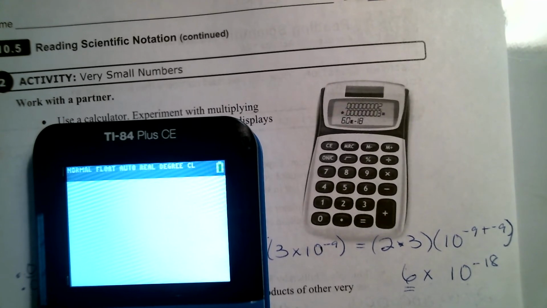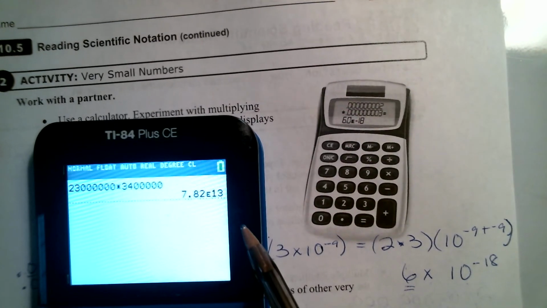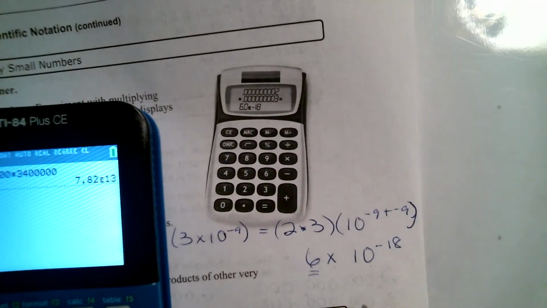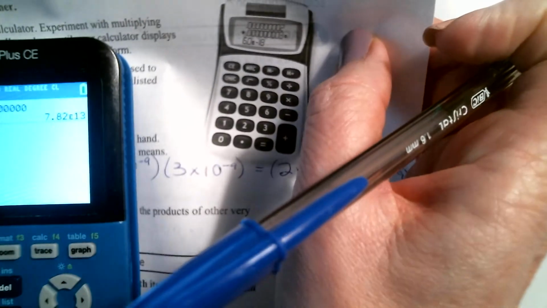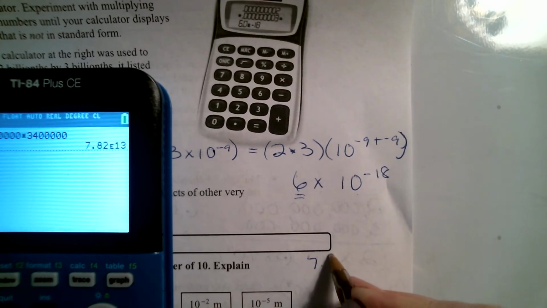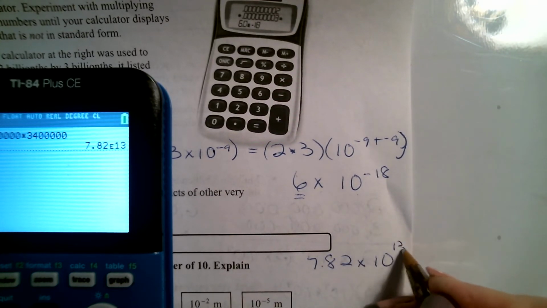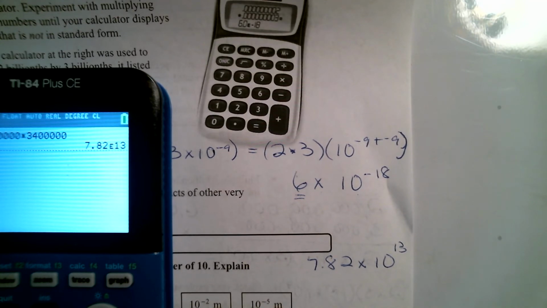Sorry. 2, 3, 1, 2, 3, 4, 5, 6 times 3, 4, 1, 2, 3, 4, 5. 7.82e to the 13 just means, sorry, get that out of the way, interpret, translate: 7.82 times 10 to the 13 power, okay?